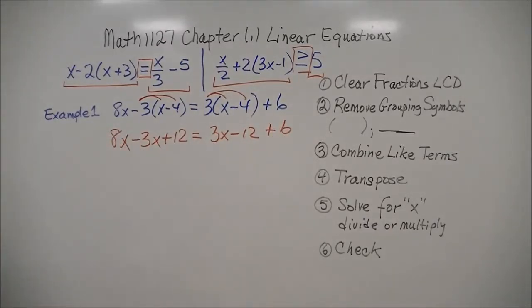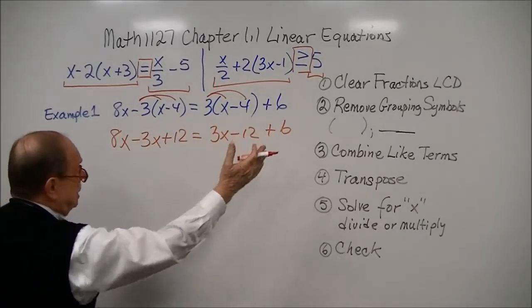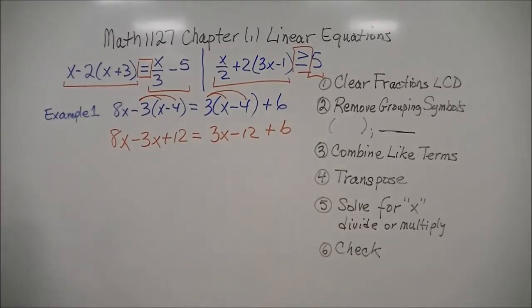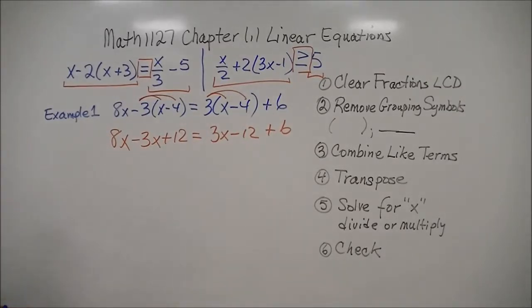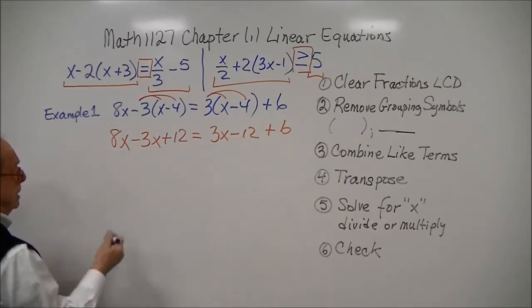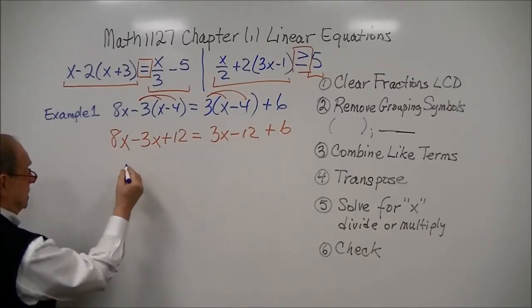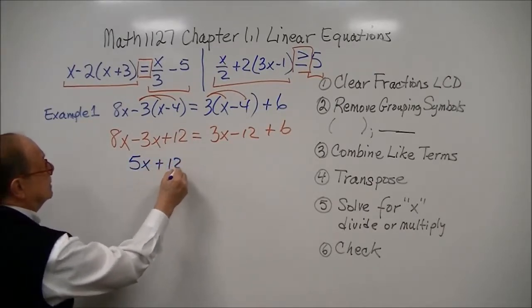So our first step was rather easy. All we had to do was to get rid of the grouping symbol. And now we're going to use our third item here, combine like terms. Well, here we have an 8x and a negative 3x that we can actually subtract and get 5x plus 12.